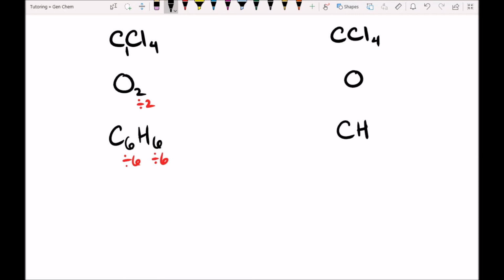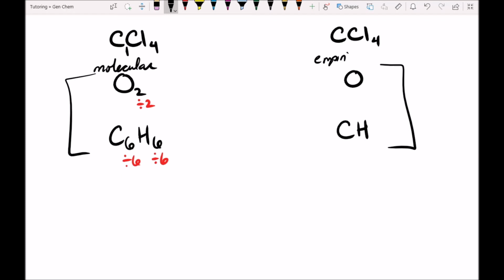For these last two in particular, the molecular formula on the left provides a lot more information about the molecule. It tells us how many atoms of each type are in the molecule, whereas with the empirical formula for oxygen, we don't know if we're talking about atomic oxygen or diatomic oxygen gas.